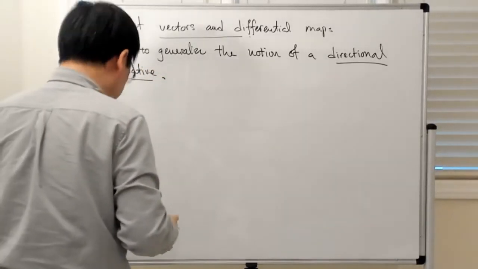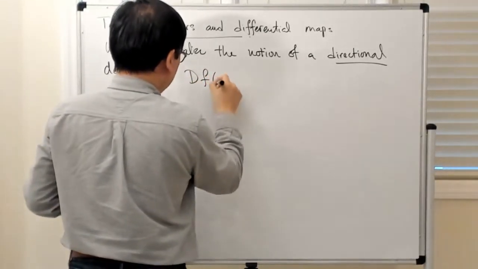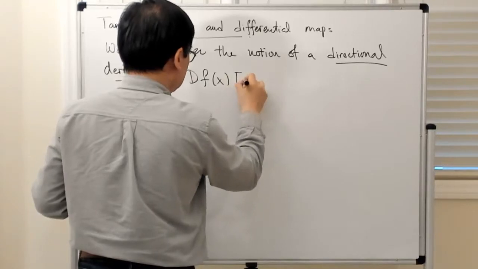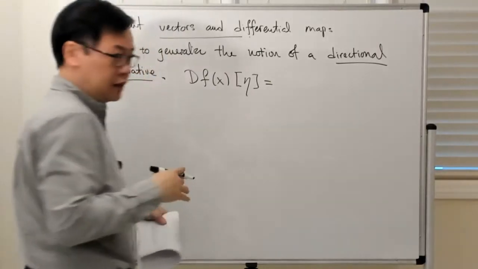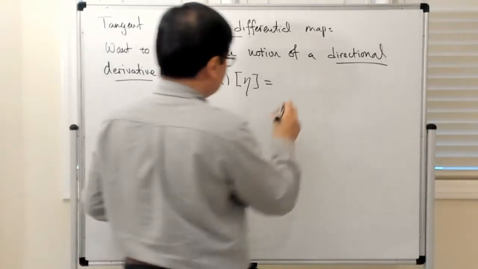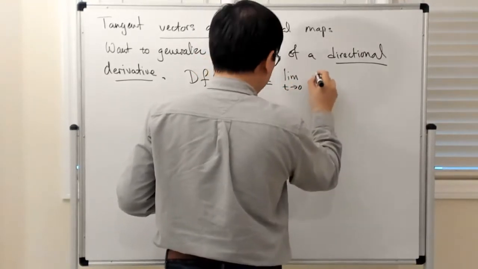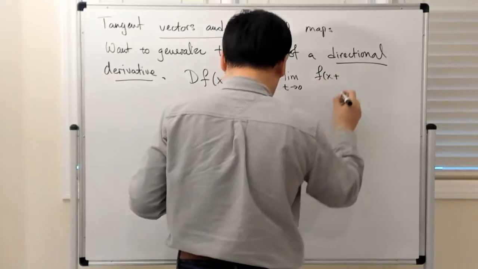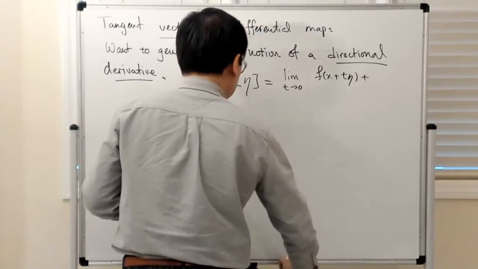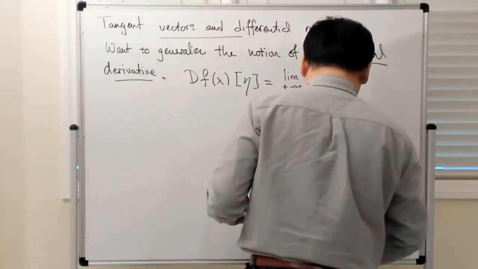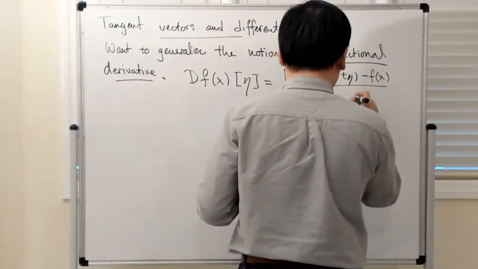Okay, so let's just say d of f at some point x, and then in a particular direction, say eta. Of course, in the linear space setting, that is just some limit as t goes to 0 of f evaluated at the point x plus t times eta minus f evaluated at x, divided by t.